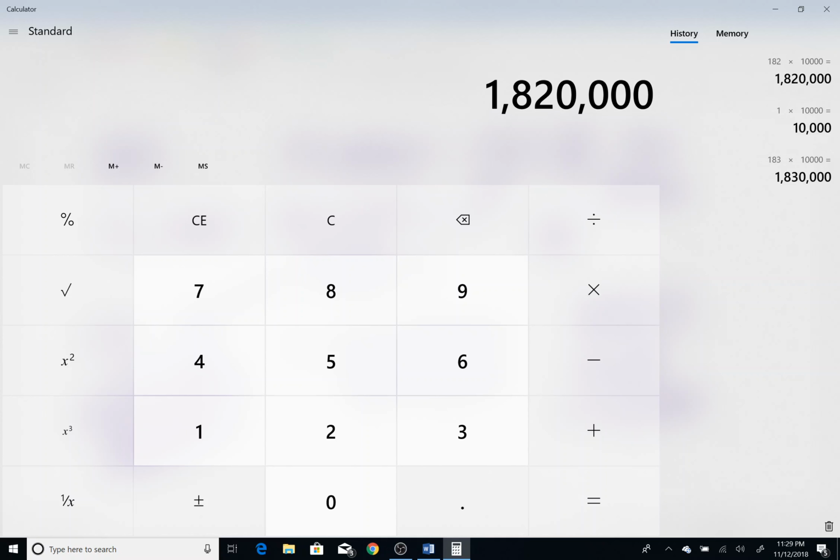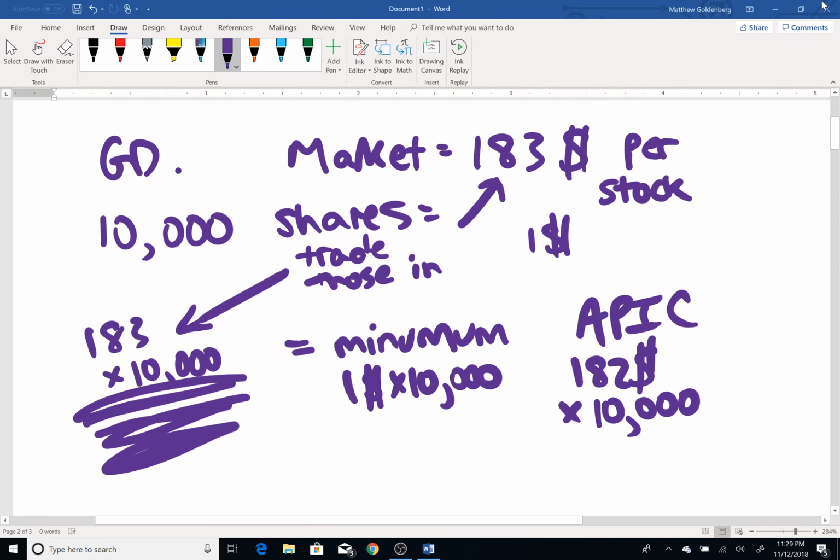And then if you notice, that plus that is equal to that. This plus this is equal to that.